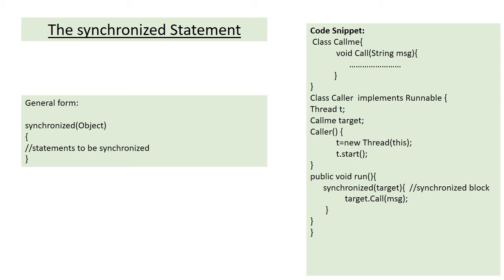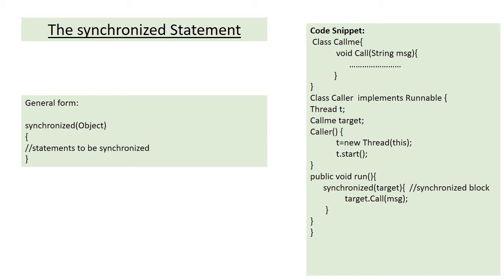The code snippet is shown. The synchronized statement. While creating synchronized methods within classes that you create is an easy and effective means of achieving synchronization, it will not work in all cases. To understand why, consider the following. Imagine that you want to synchronize access to objects of a class that was not designed for multi-threaded access.